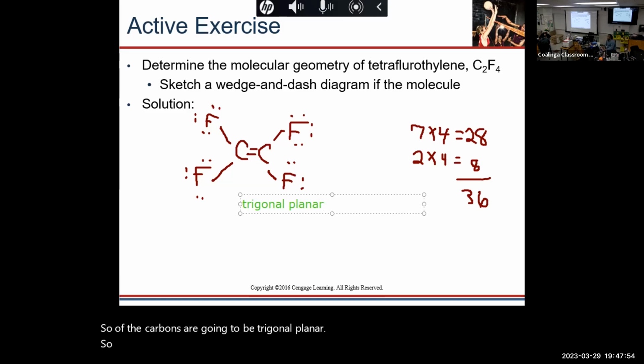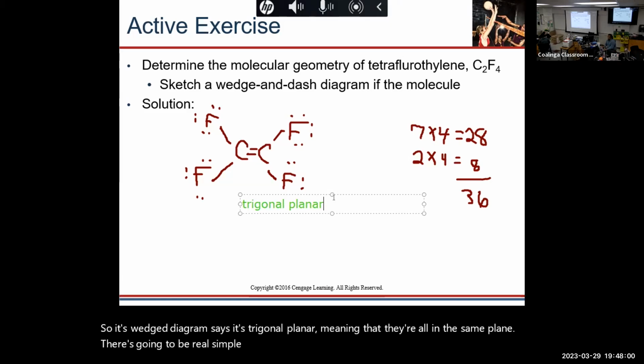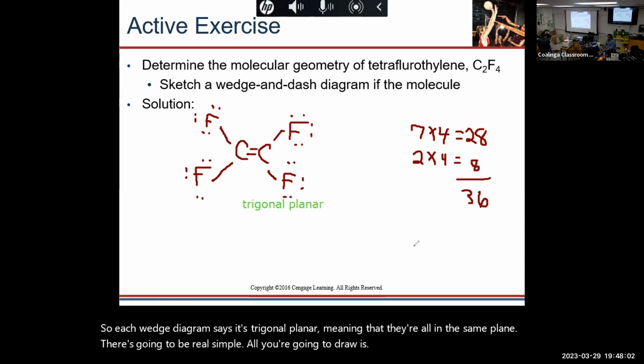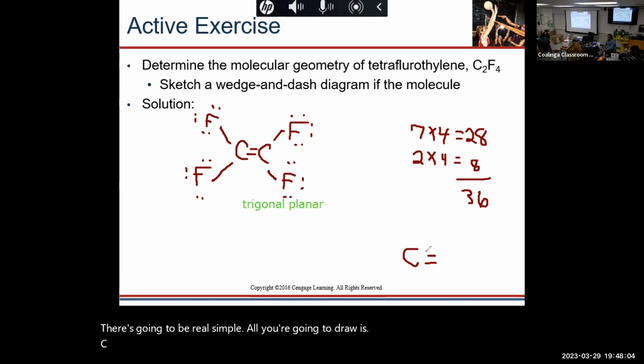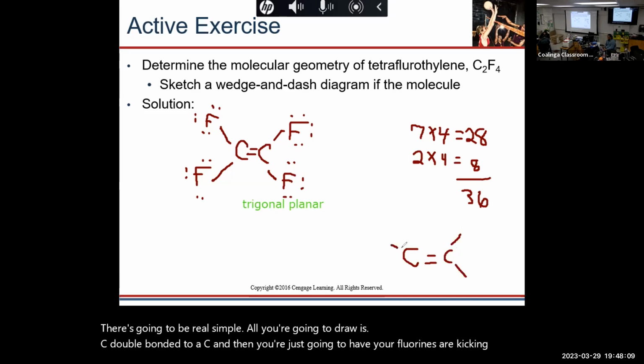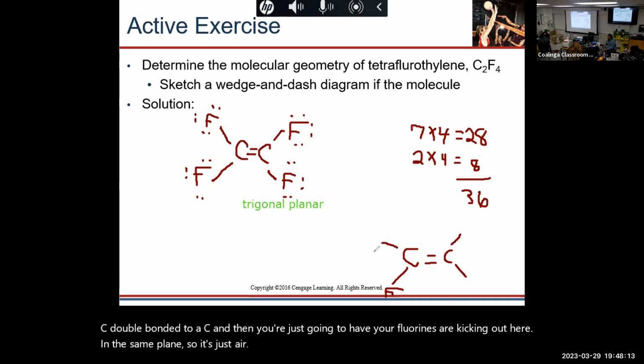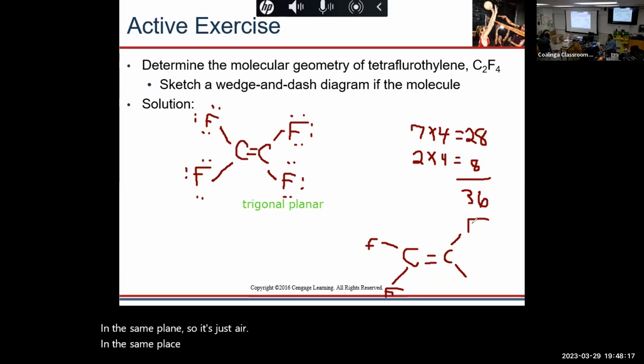So its wedge diagram, since it's trigonal planar, meaning that they're all in the same plane, is going to be real simple. All you're going to draw is C double bonded to a C, and then you're just going to have your fluorines kicking out here. And the same thing on the other carbon. It's the planar that tells us?